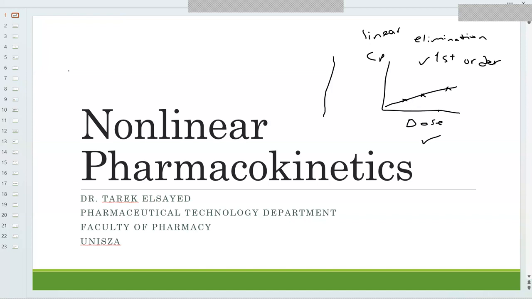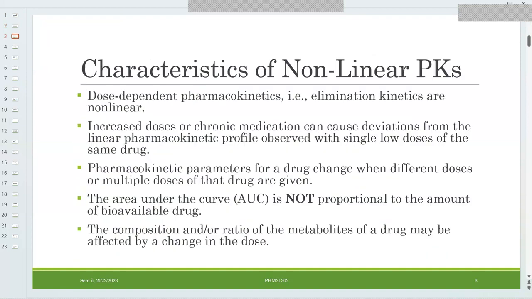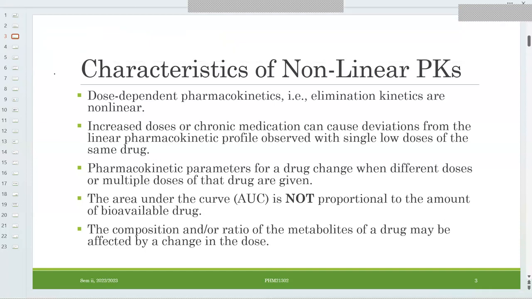Okay? However, in nonlinear pharmacokinetics, situation is different. What are the characteristics of nonlinear pharmacokinetics? Number one is dose-dependent pharmacokinetics. Elimination kinetics are non-linear. Okay? How? Increased doses or chronic medication can cause deviation from linear pharmacokinetic profile observed with single low doses of the same drug.